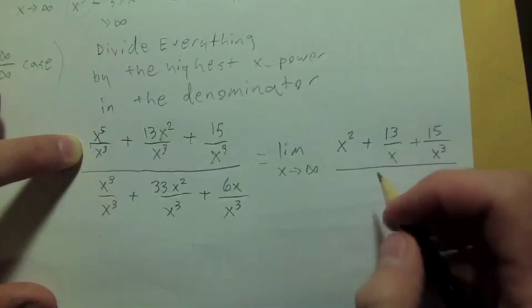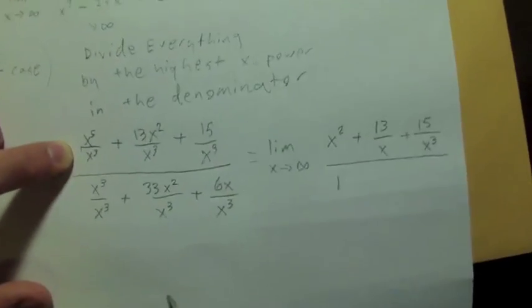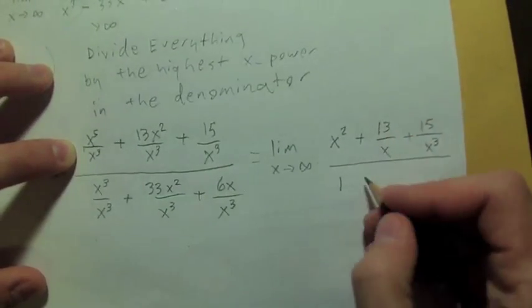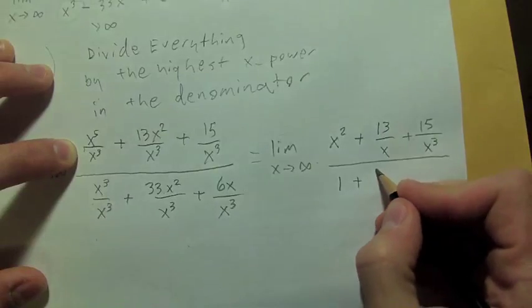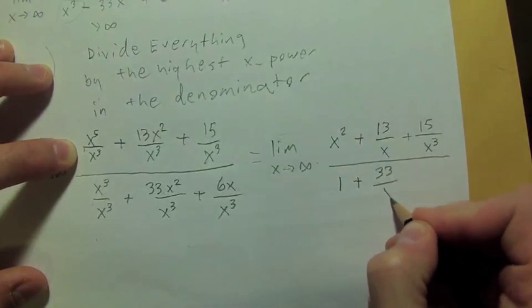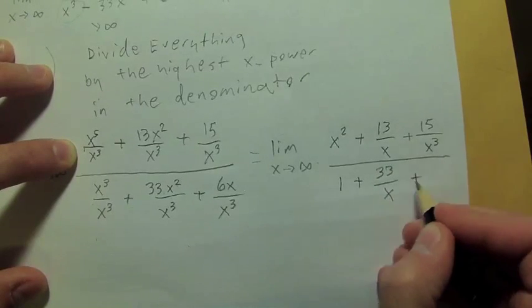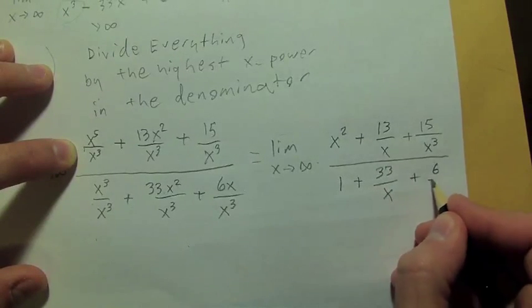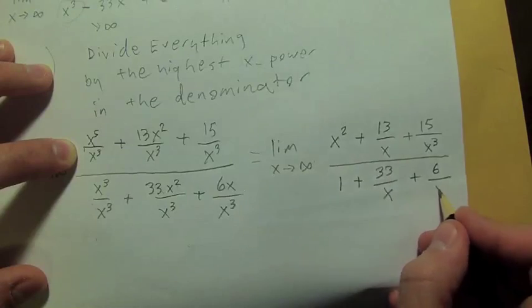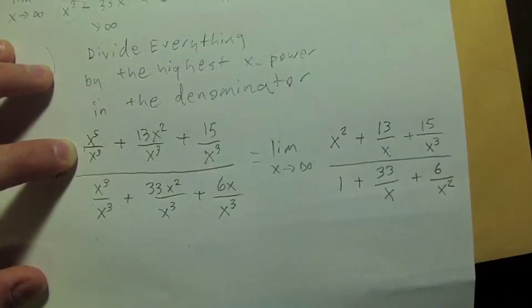In the denominator we get 1, plus 33 over x, right, since x squared over x cubed just gives us over x, plus 6 over x squared.